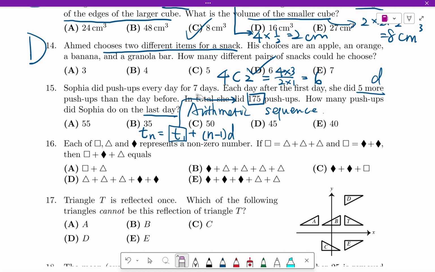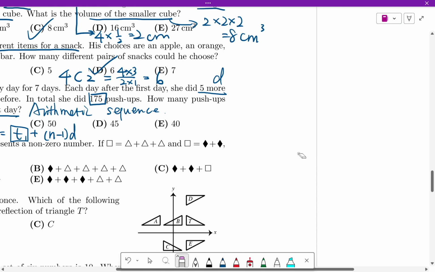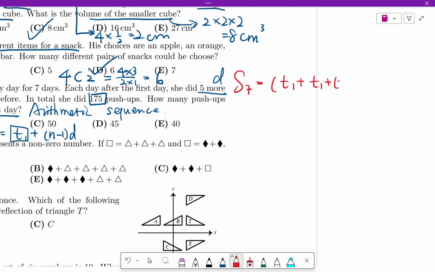So if we write out the formula of the sum of an arithmetic sequence, we would have the sum of the 7 terms equal to t1 plus t1 plus (n minus 1)d, this is the last term, times 7, which is the number of terms, divided by 2, or times 1/2.